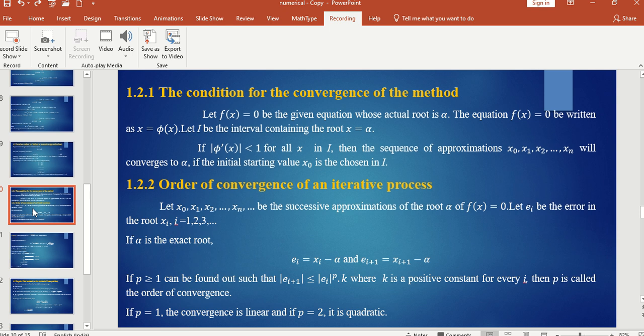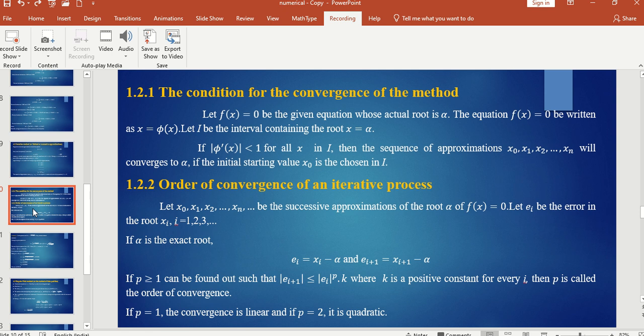Then if modulus of phi dash of x is strictly less than 1 for all x in I, then the sequence of approximations x0, x1, etc., xn will converge to alpha if the initial starting value x0 is chosen within I. So the condition for convergence is modulus of phi dash of x less than 1.